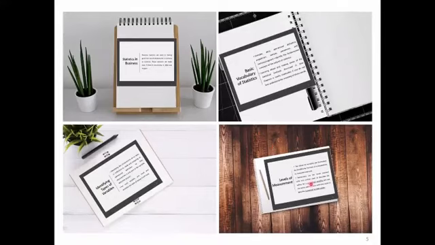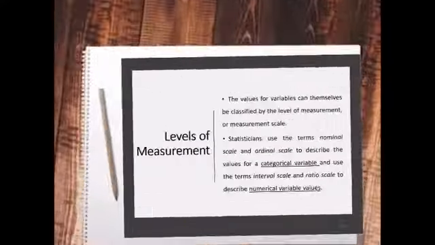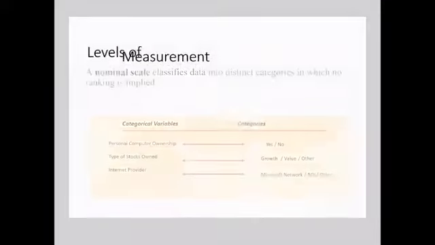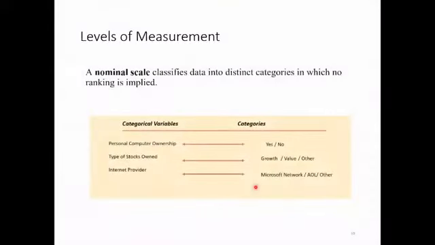Then we have levels of measurement. What is this? The values of variables can themselves be classified by the level of measurement or measurement scale. Statisticians use the terms nominal scale and ordinal scale to describe the values of categorical variables, and they use interval scale and ratio scale to describe the numerical variables.